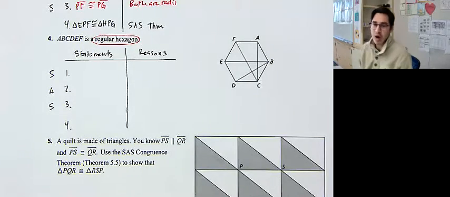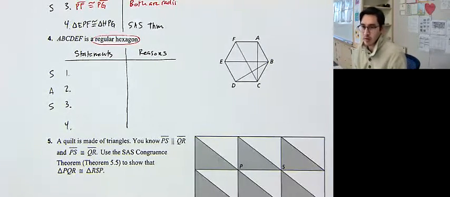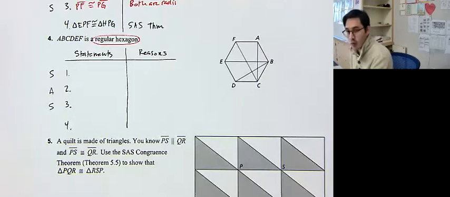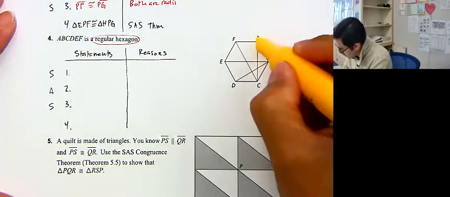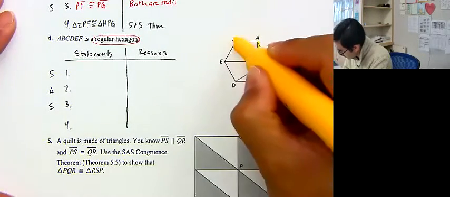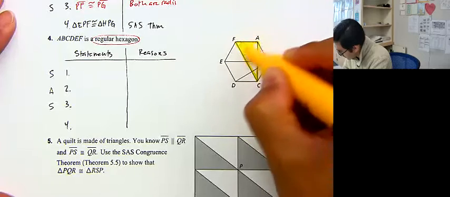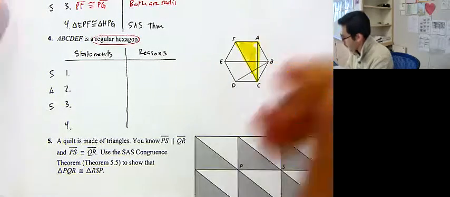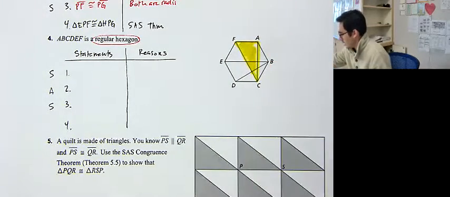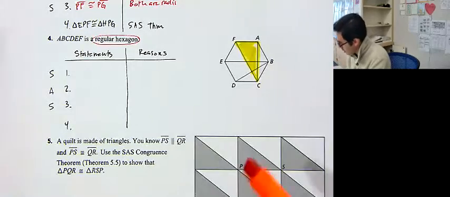So you can probably see which triangles, well actually there's a bunch of triangles that we could use, but I think the one that they want us to use is this triangle here, which I'll color yellow. And then this other triangle here.